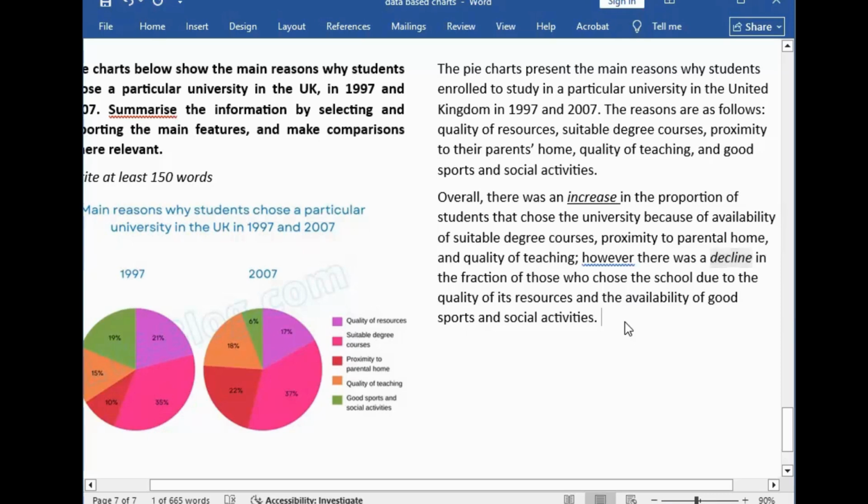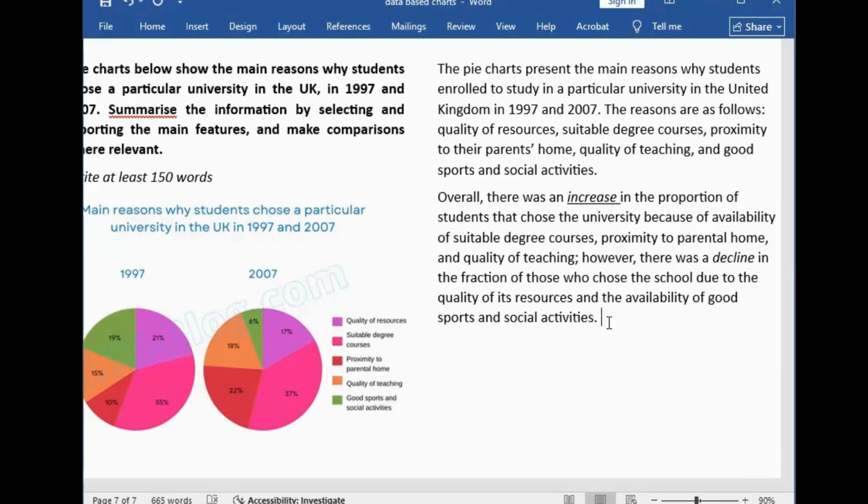Okay? Now, let me construct another sentence. After however, there should be a comma. We call this the comma rule, introductory word. That's the comma rule we're applying here. Now, let me write a sentence that reflects language of comparison. For language of comparison, I'll look for the biggest figure in both years. That's suitable courses.